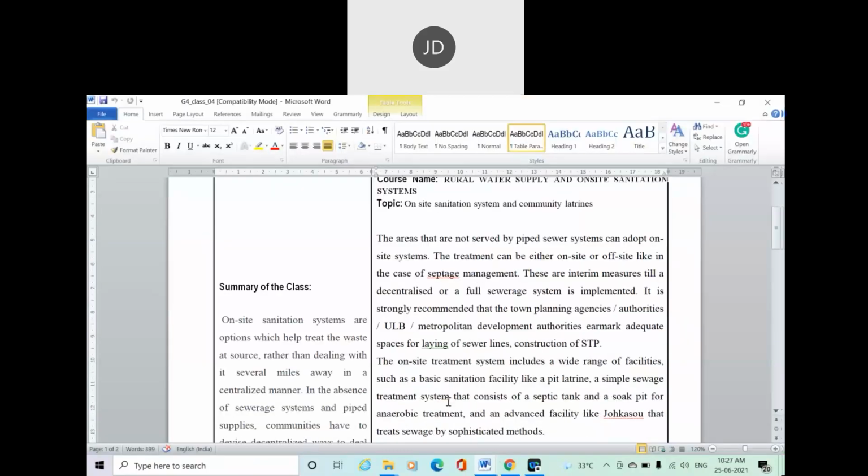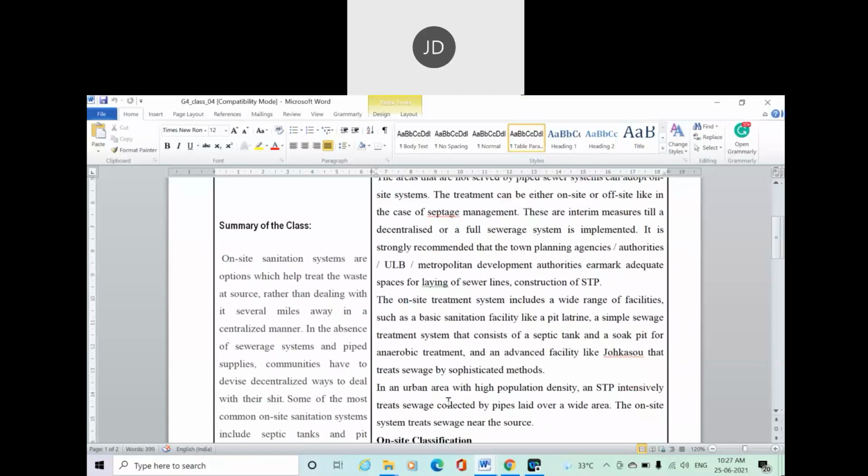So basically, we'll start from the beginning again. On-site sanitation is the option which helps treat the waste at source rather than dealing with it several miles away in a centralized manner. These things are already discussed with you. This is the basic difference between on-site sanitation and off-site sanitation. On-site sanitation systems help treat the waste at source, that means at the site only we can go for treating the waste.